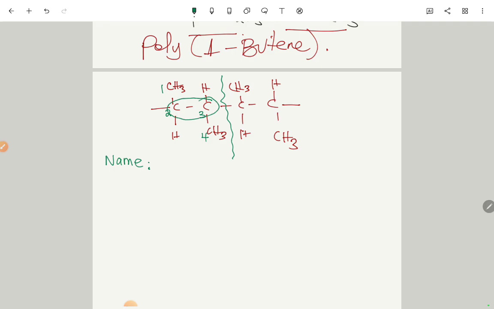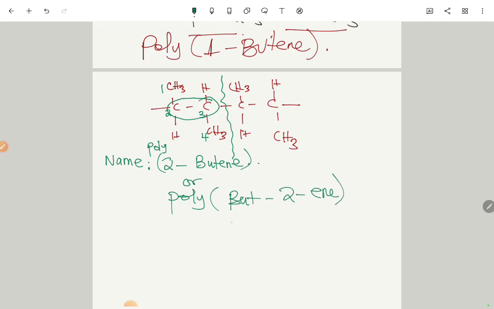So the name of this polymer will not be called 1 butene. It will be called 2 butene. This will be poly 2 butene, or poly butene 2N.